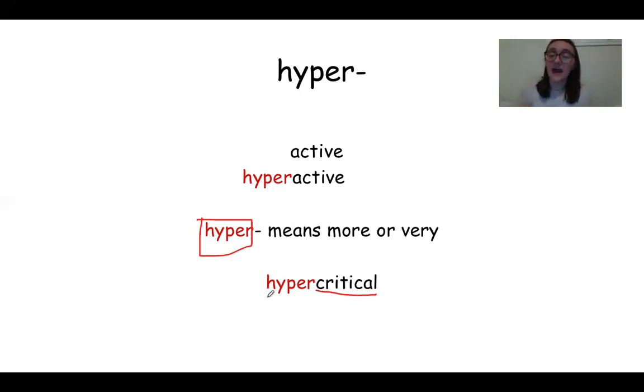So if somebody's hyper critical, it means that they do it all of the time. It means that they're doing it almost too much. So hyper just means a lot, a lot, a lot. So like hyperactive. Hyperactive is they just move around a lot.